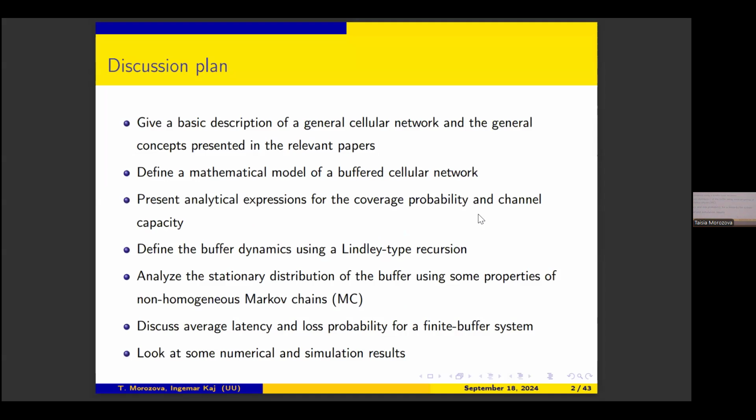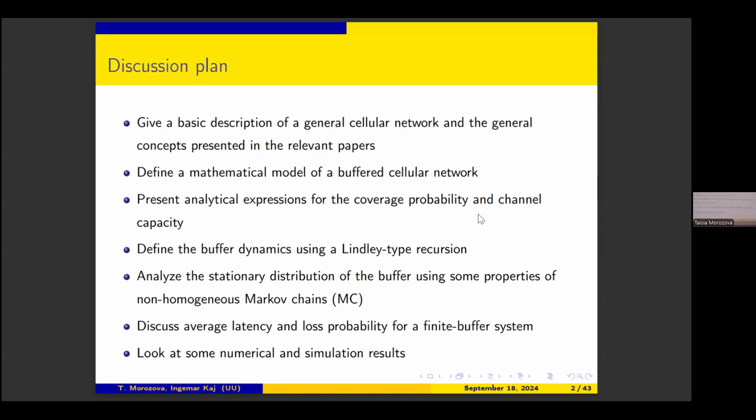Before I get to the talk itself, I'm going to run through a short summary of what we're going to talk about. I'll start with a basic description of a general cellular network, which was our physical motivation and interpretation for our work. Then we will move to a mathematical part and define a mathematical model of such a network. And then we will look at the main performance metrics: coverage probability and Shannon capacity.